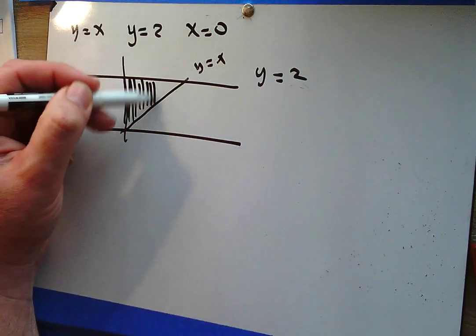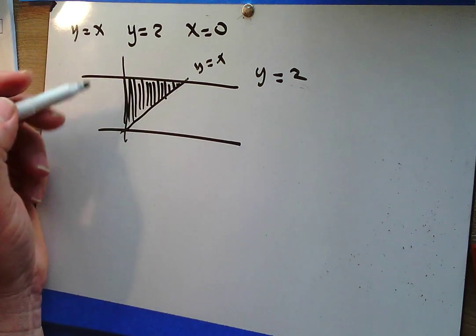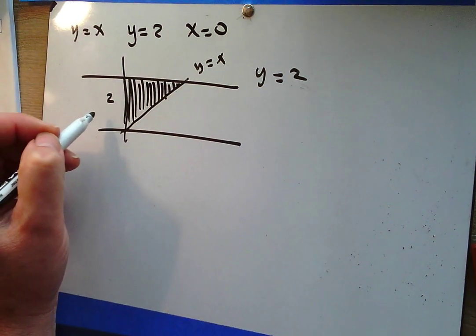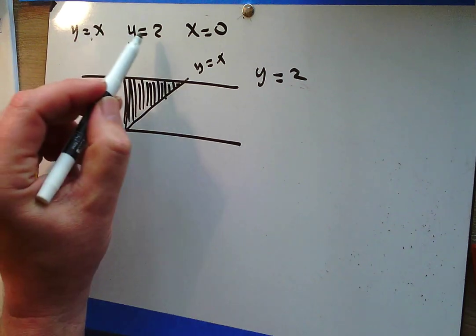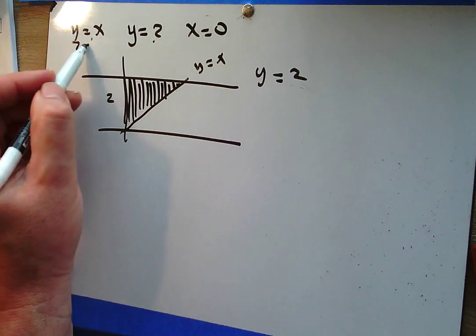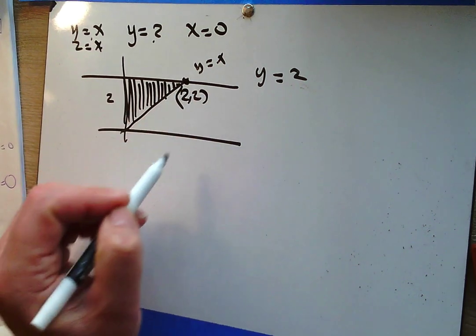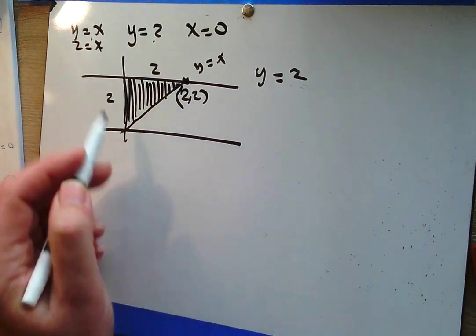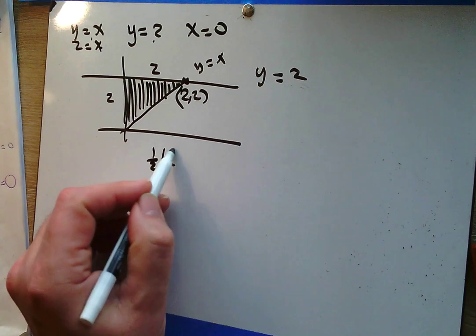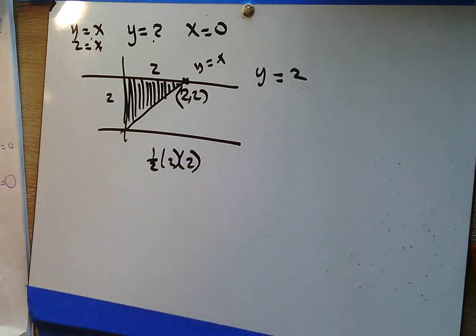We're looking for this integral here. You know the height is 2. Where does y equals x intersect y equals 2? When x equals 2. So this is the point 2, 2. And so you know this distance is 2, and you can do 1/2 times 2 times 2. That's fine. That's the area of a triangle.